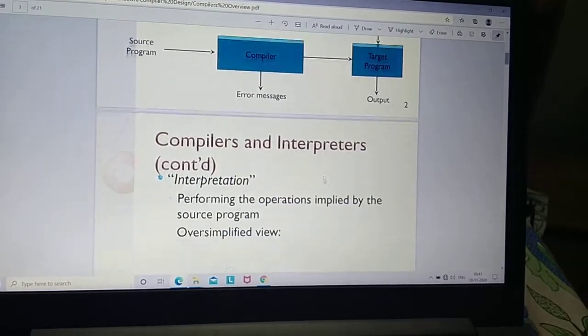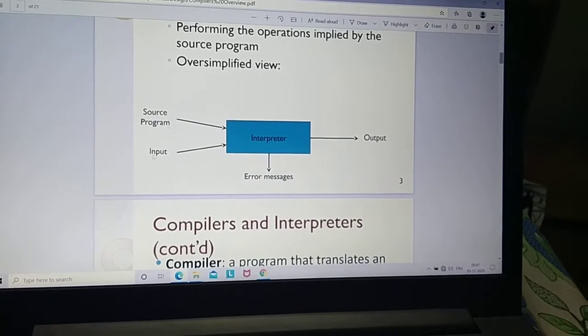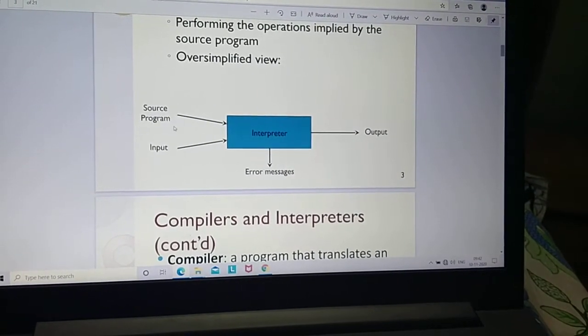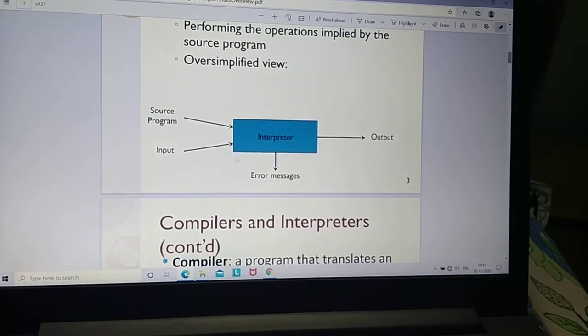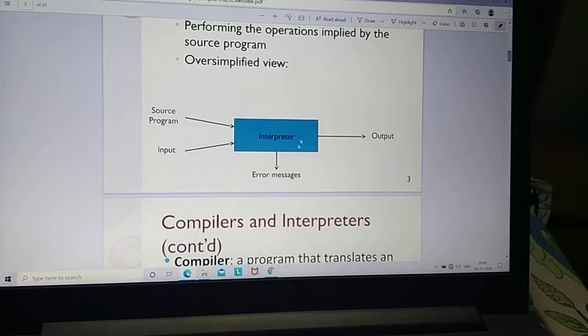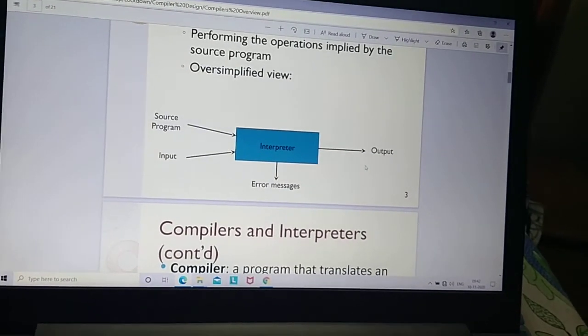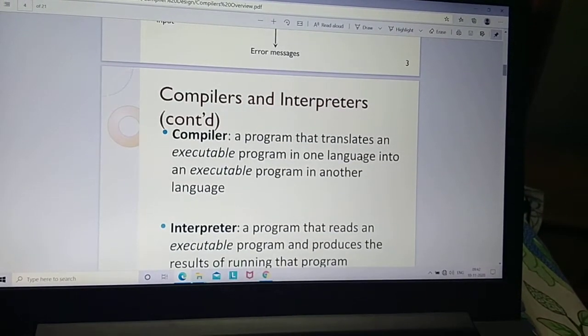On the other hand, an interpreter takes the source program as well as the input at the same time. If there is any error in the source program, it generates the error message. If the source program is error free, the interpreter generates the desired output. So, the basic difference between compiler and interpreter is as follows.